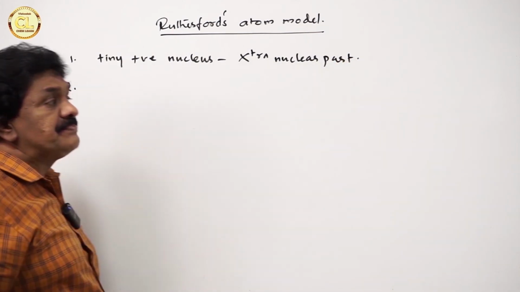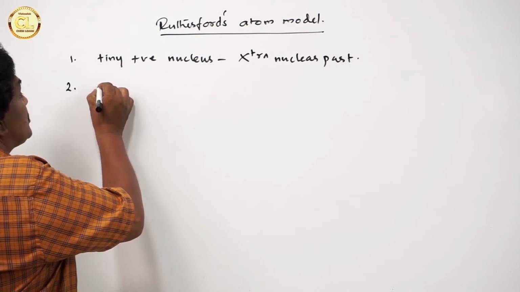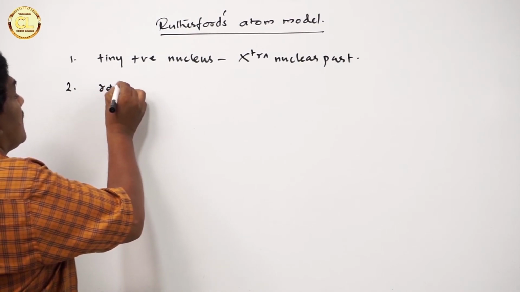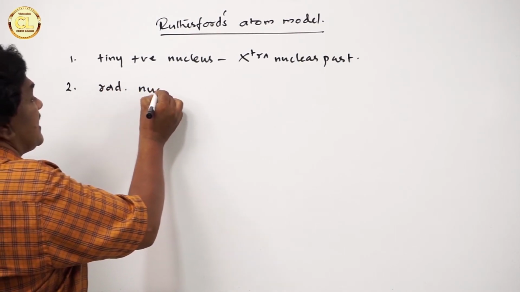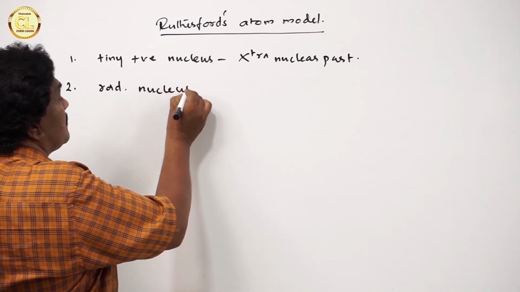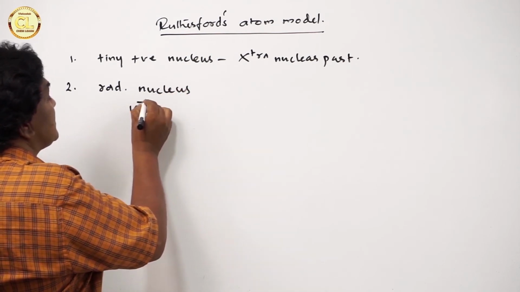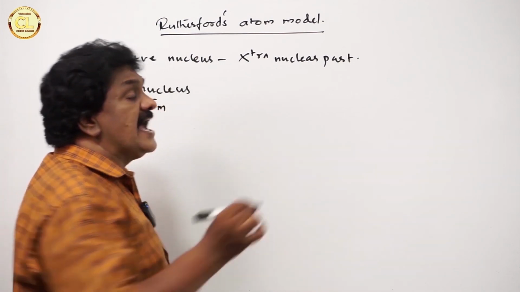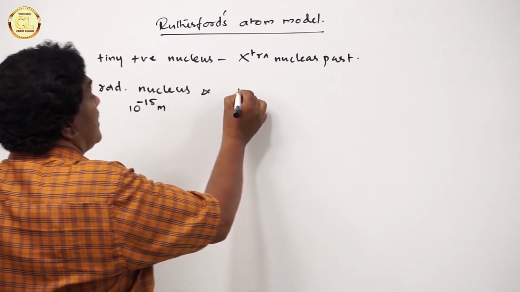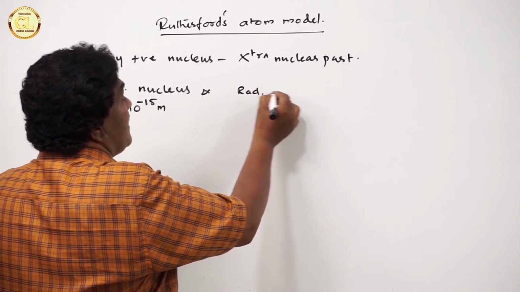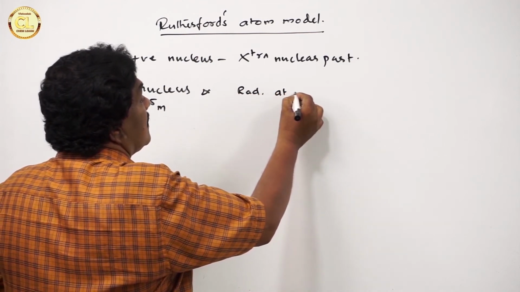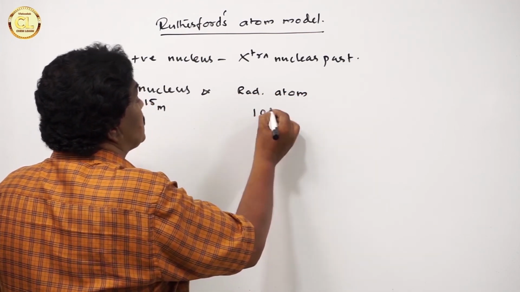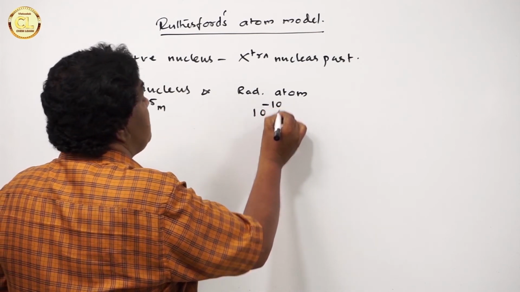Second point, the radius of the nucleus is about 10 raised to minus 15 meter, and the radius of the atom is about 10 raised to minus 10 meter.